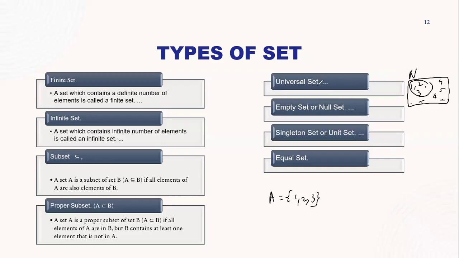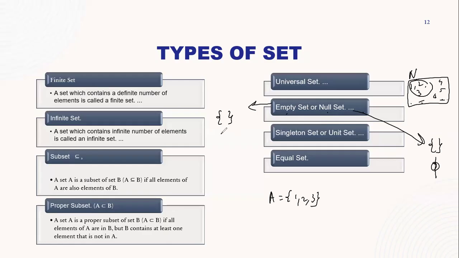So empty set and null set. The empty set is represented by these curly braces or the phi symbol. The empty set does not contain any elements. There is an MCQ asked every time in the examination on how the empty set can be represented.